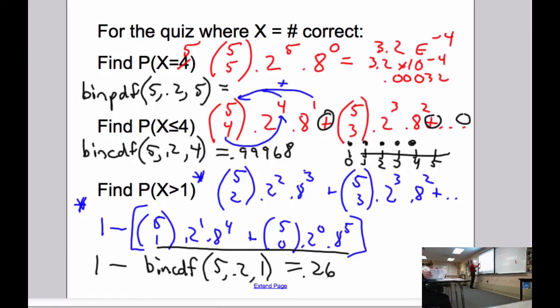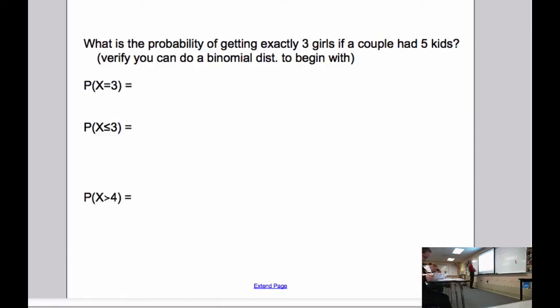All right, so what if I go back to this one? Actually, let's do this. What if I want to find the probability?